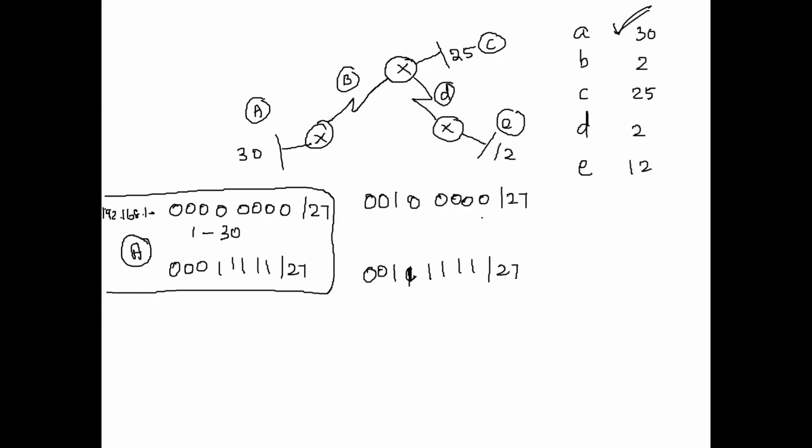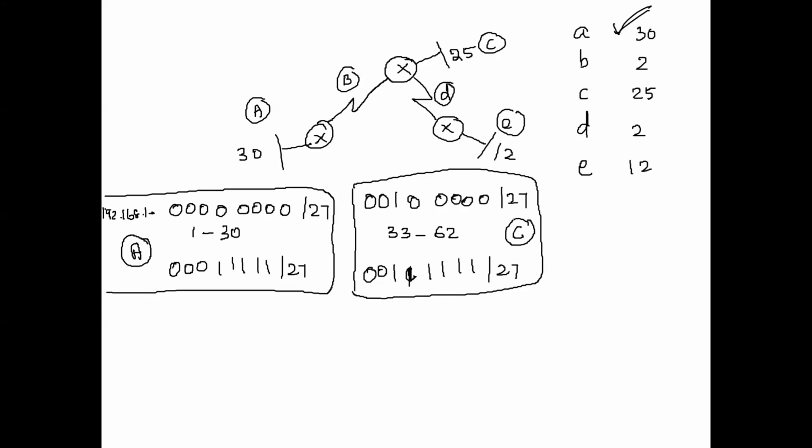If I write the values in between, it is 33 to 62. So let me assign this box to C. So this requirement is also done.